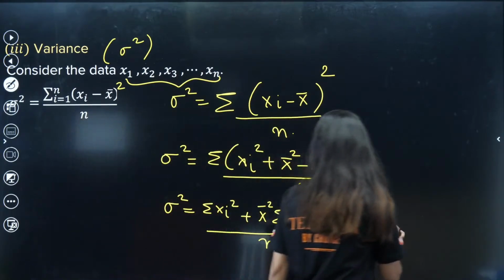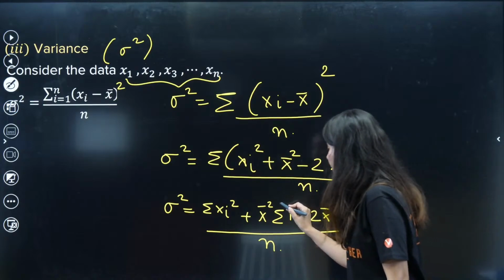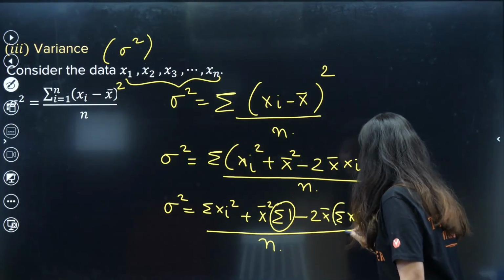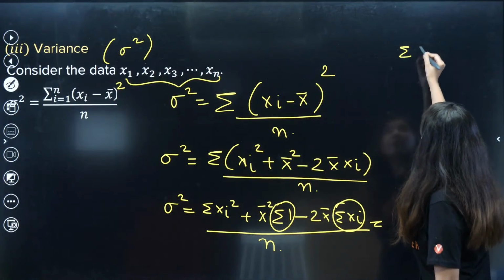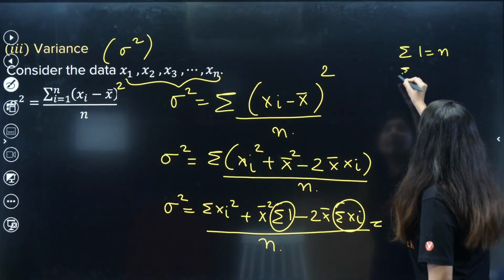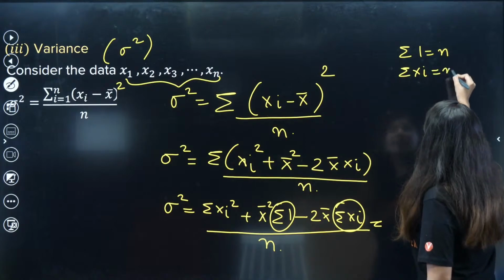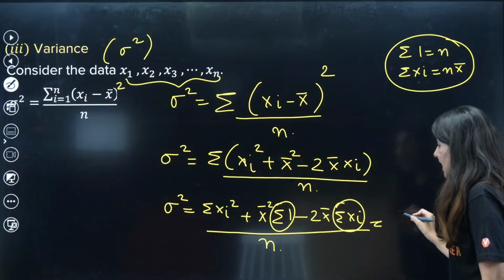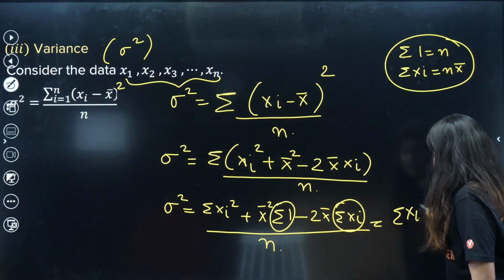Right? Now tell me something about it. What is sigma 1? Sigma 1 is n. What is sigma xi? Sigma 1 is nothing but n and sigma xi is nothing but n times x bar. This is the formula for mean. Use this and simplify.